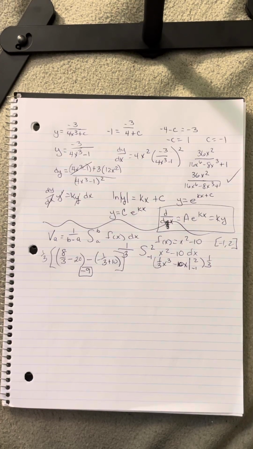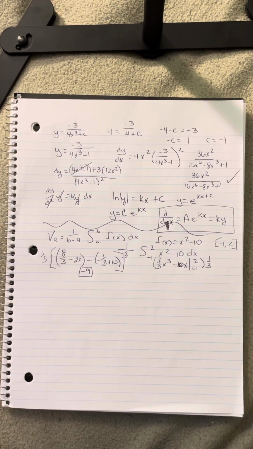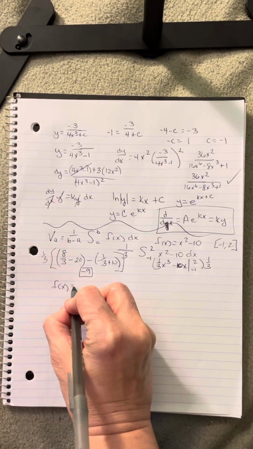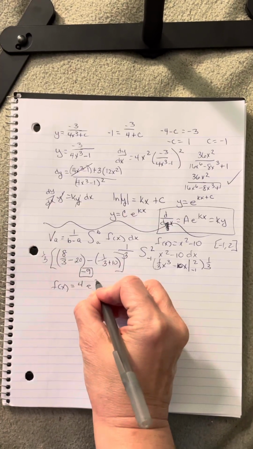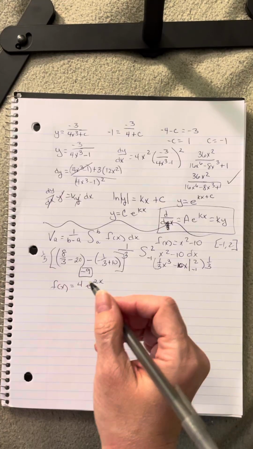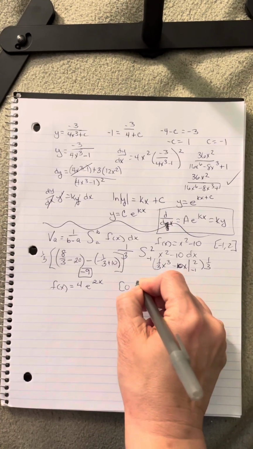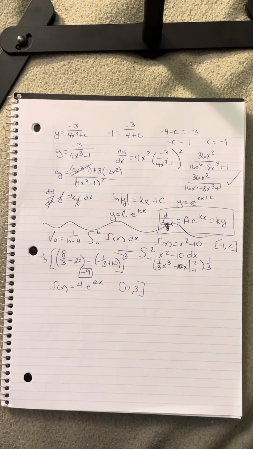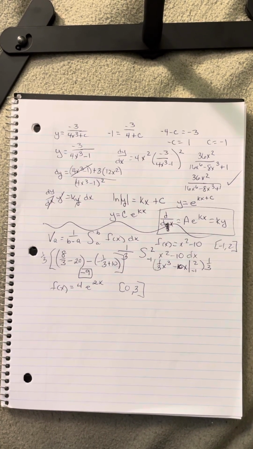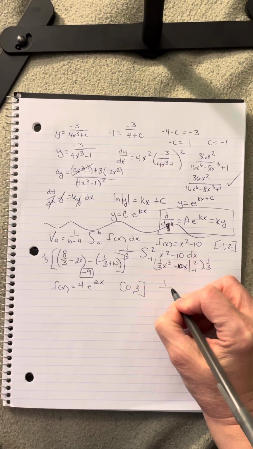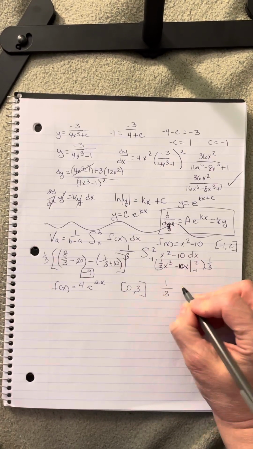Okay, example 2. Approximate to 2 decimal places the average value of the function f of x equals 4e to the 2x on an interval from 0 to 3. So we are going to have 1 over 3 minus 0, which is 3.